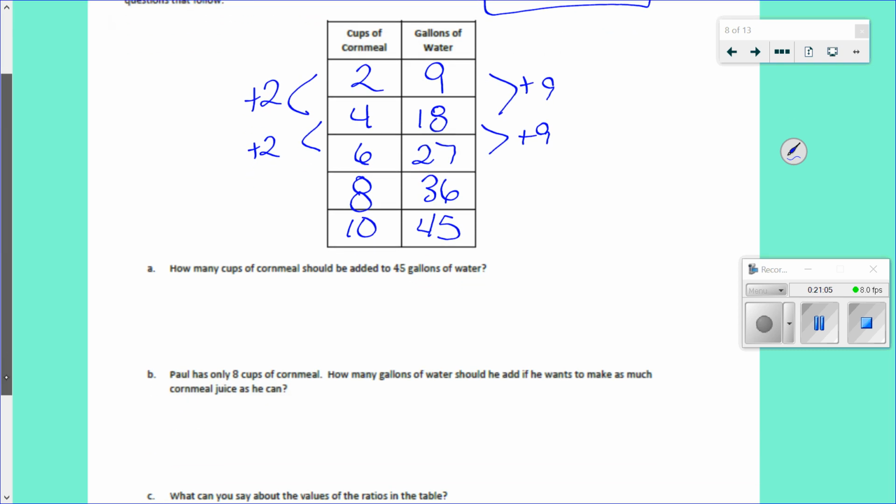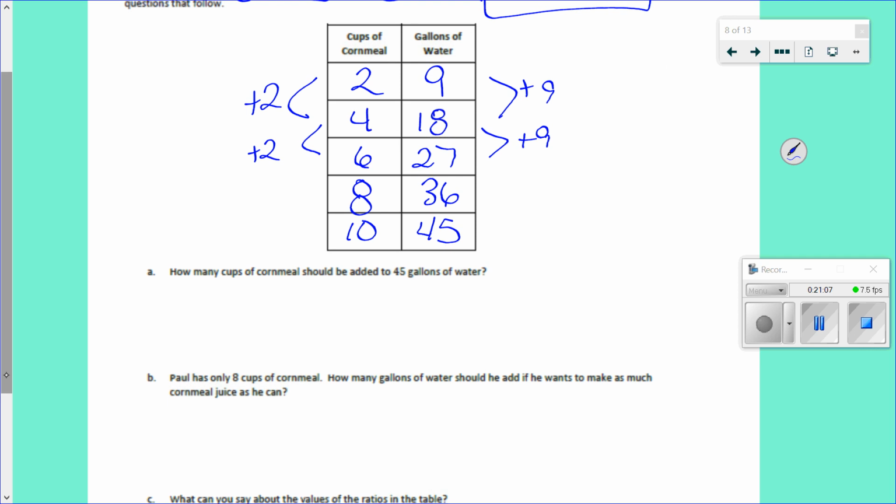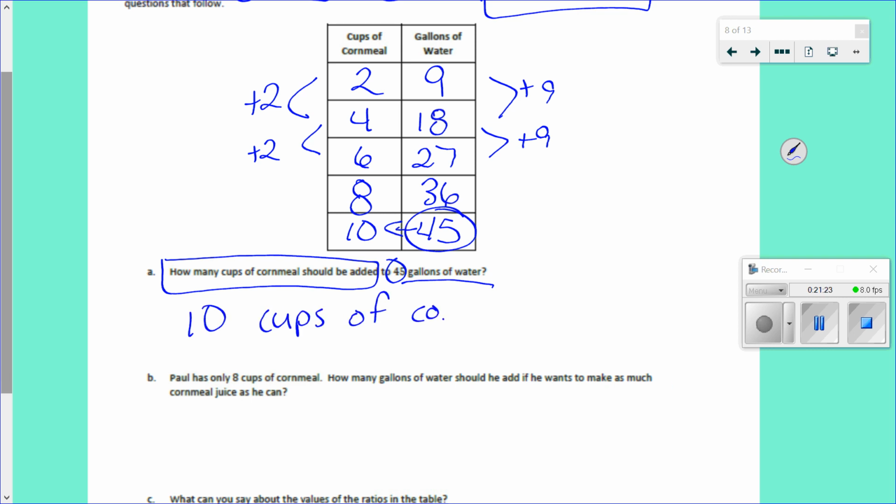All right, so looking at the table, A says how many cups of cornmeal should be added to 45 gallons of water. So I find my water, I find 45, and how many cups of cornmeal do I need, Emma? 10. I need 10 cups of cornmeal. Remember, if it is a word problem, it needs word answers. Got it?